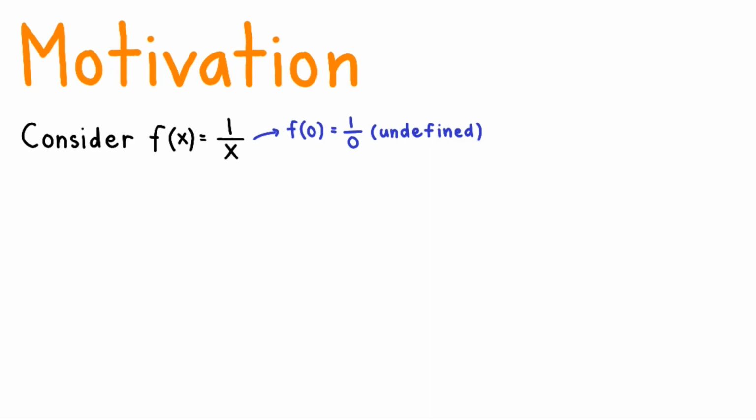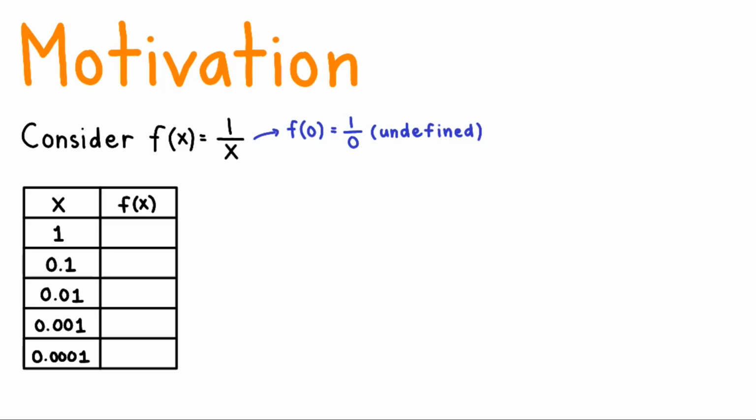Well, let's try to analyze its values from the right and the left, starting with the right. So we'll have this table out here. So we have here the values of x close to 0 from the right, and let's try to find the value of f of x.